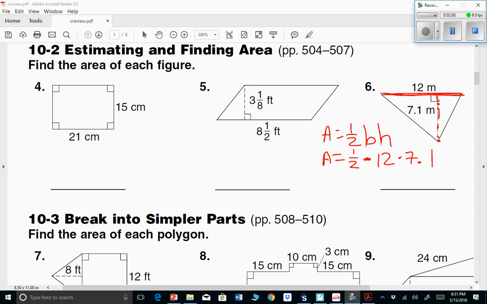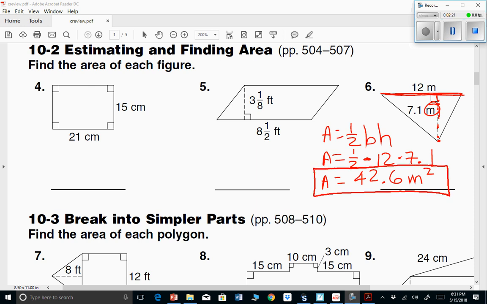So you just put that in your calculator, multiply 1/2 times 12 times 7.1. And that equals 42.6. And then we use meters, but because it is area, we use square meters.